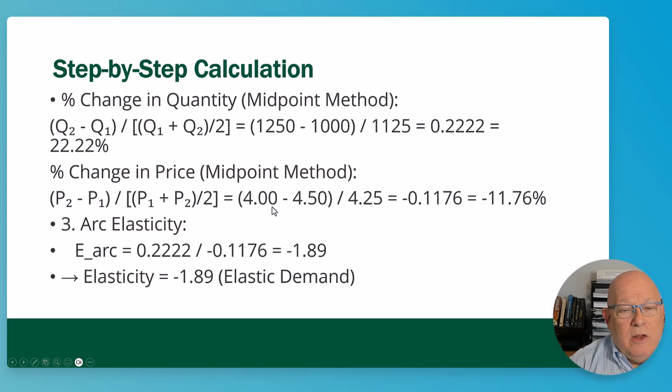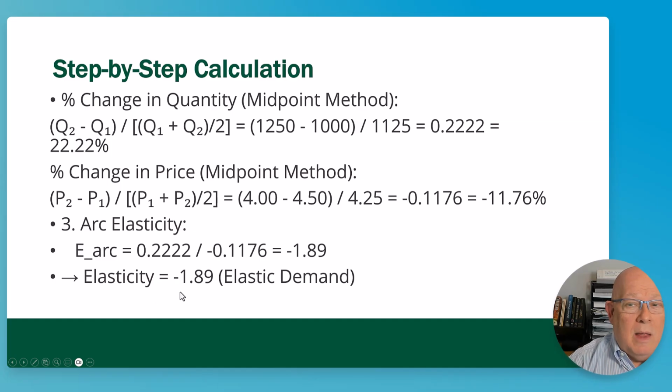The change in price went from $4.50 down to $4. The average price was $4.25. So we had a price decline of 11.76%. So we take the 0.22, the change in quantity on a percentage basis, divided by the change in price on a percentage basis, and we get a negative 1.89.